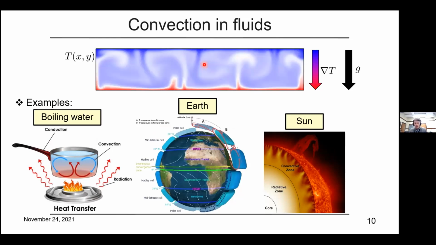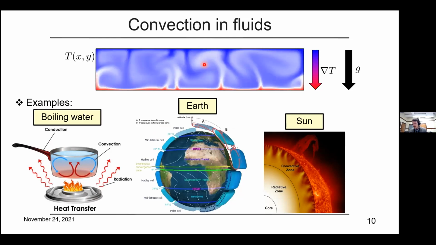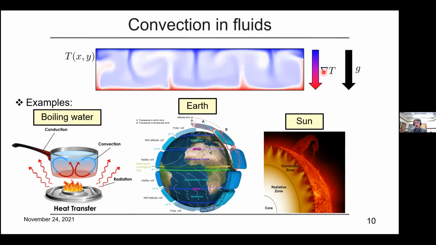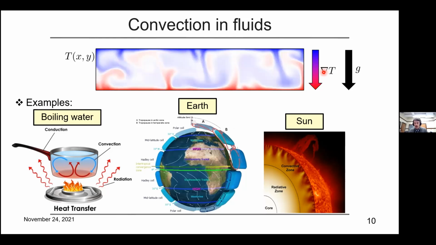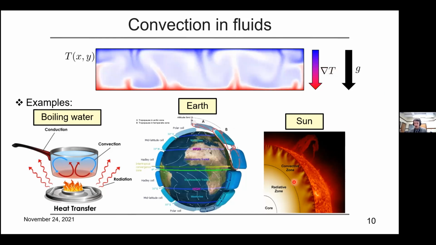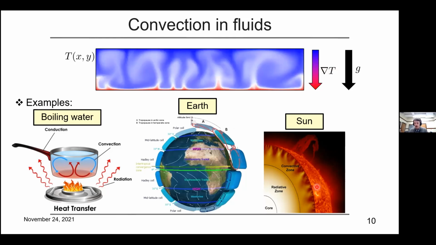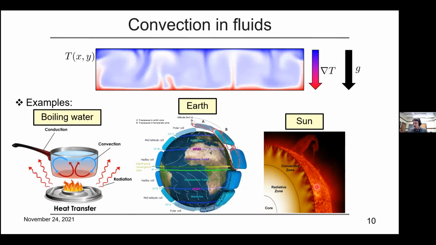It's also very important for Earth's climate. Convection also occurs in magma and plays an important role in transfer of heat between core and crust. Finally, convection is even manifested on the stellar length scales. For example, convection appears in our sun and transfers energy from the radiative zone to the surface of the sun. So examples of convection are quite ubiquitous and we often meet them in our everyday life.